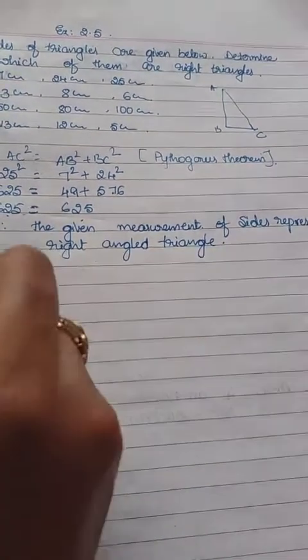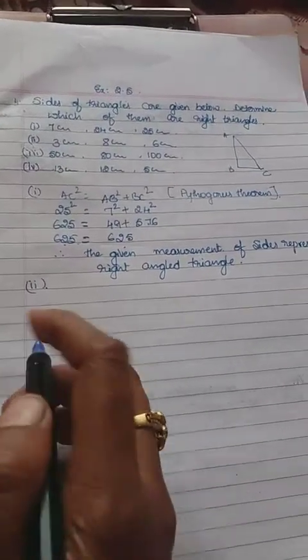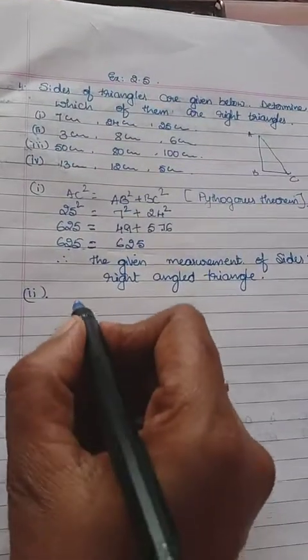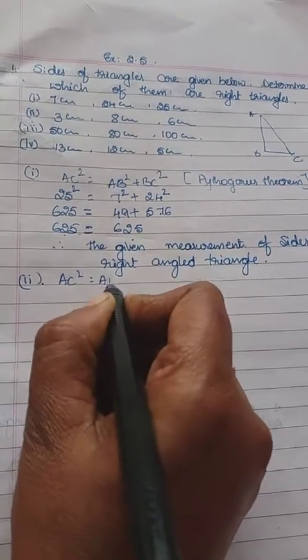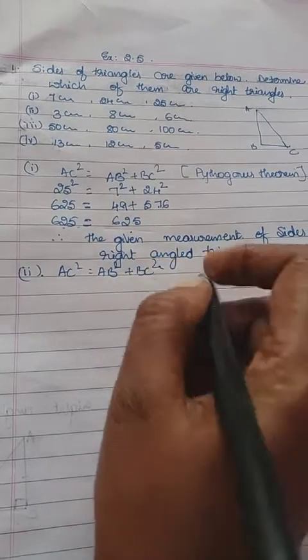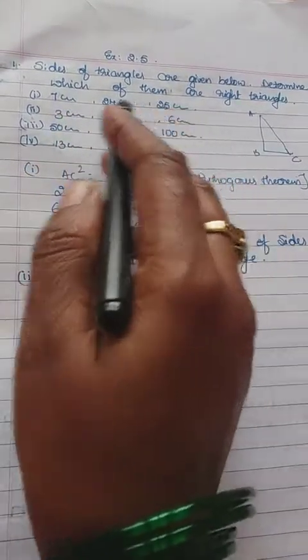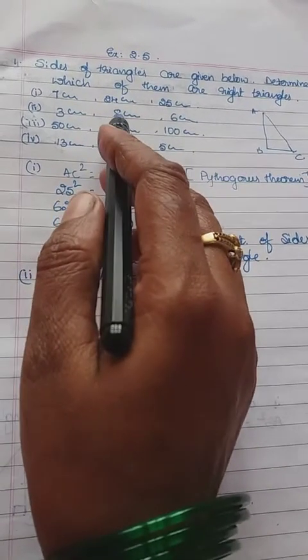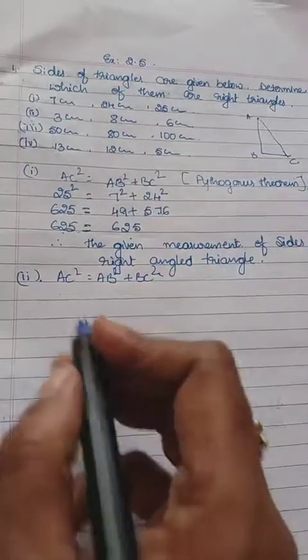Okay, let us take the second one. In the same way, how to check? Take the formula according to the Pythagoras theorem: AC square equals AB square plus BC square. I told you already. Which one do we take as the hypotenuse? The biggest number. Among 3, 8 and 6, the biggest number is 8.